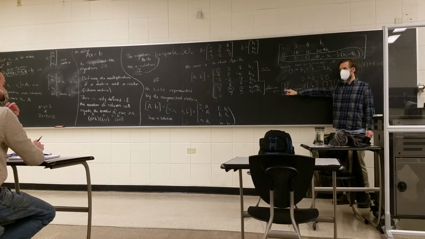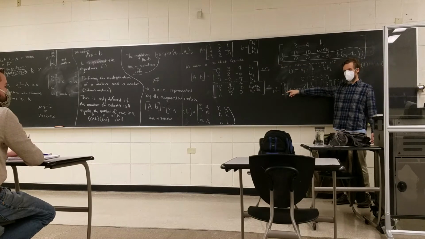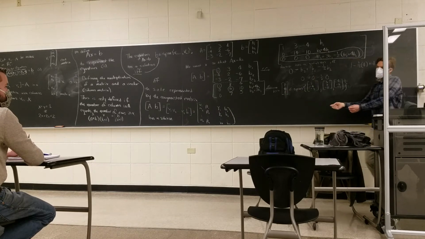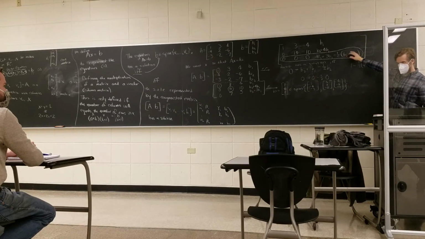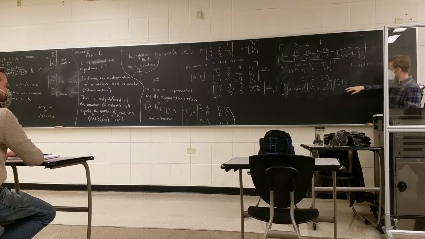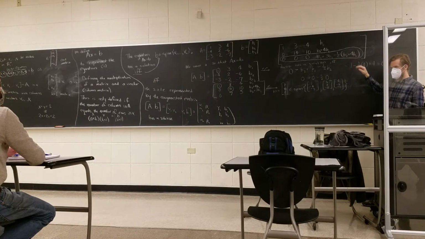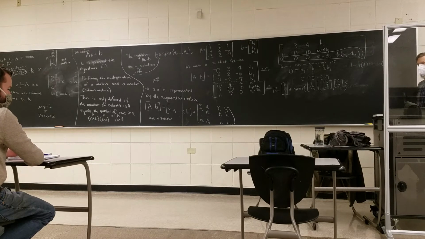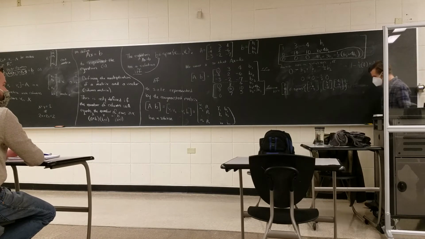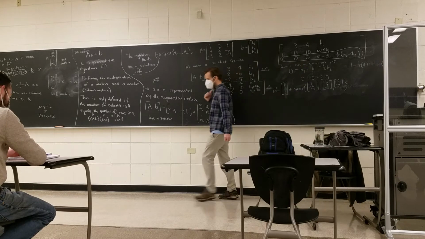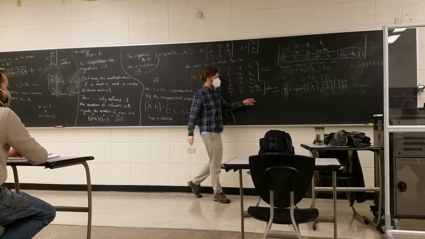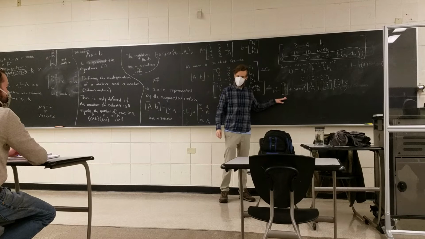If we pick this as B, so this is our choice of B, then there is a solution. Based on all this computation that we did right here, we found that B does satisfy this relationship right here. So it's just saying that there are many different choices for B that can get a unique solution. Yes. In this case, we will have a unique solution based on what B is.